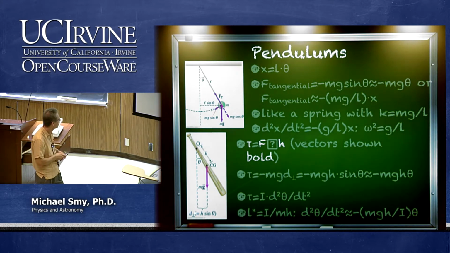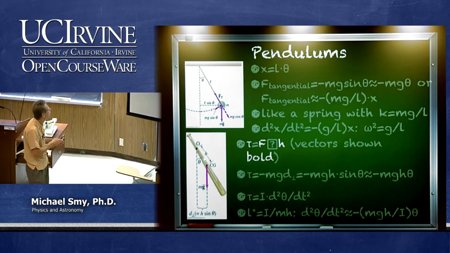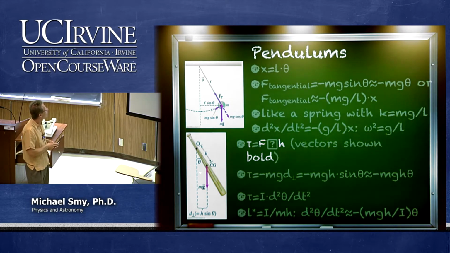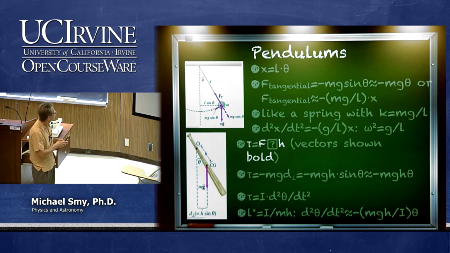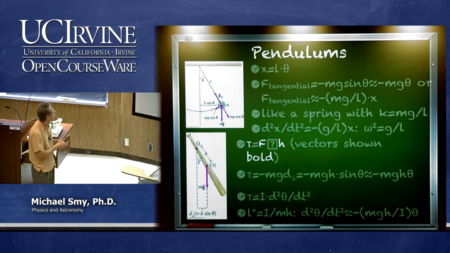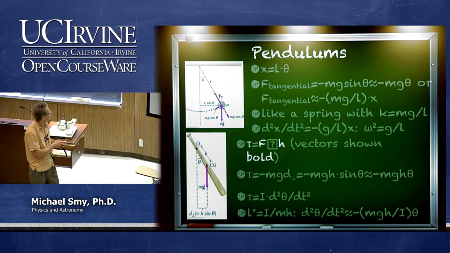This perpendicular distance is h times the sine of the angle theta. So h is the distance between the center of gravity and the point of suspension.